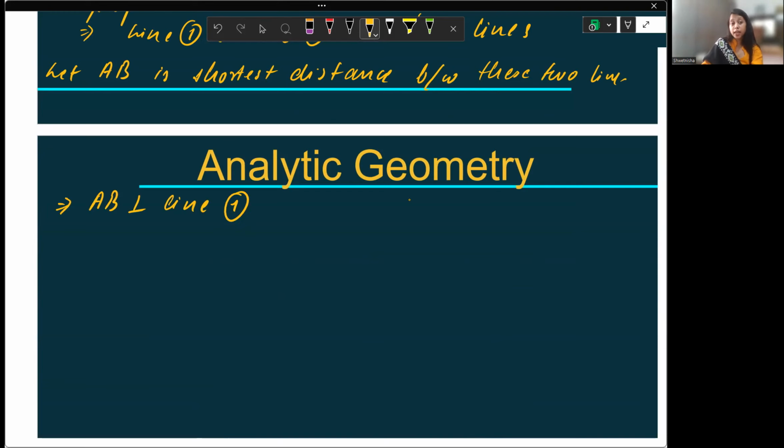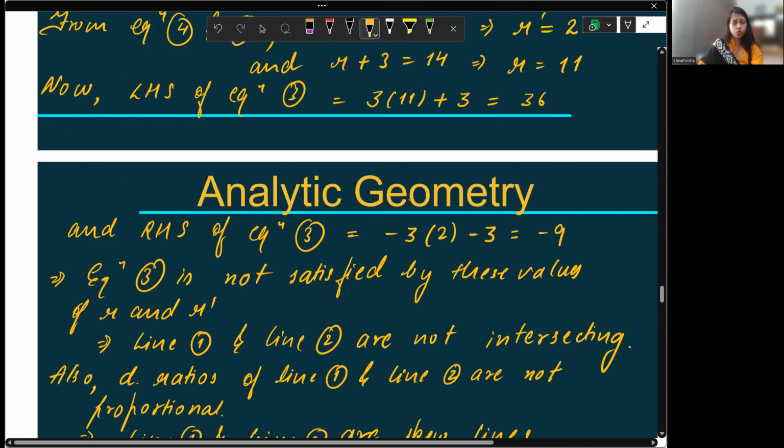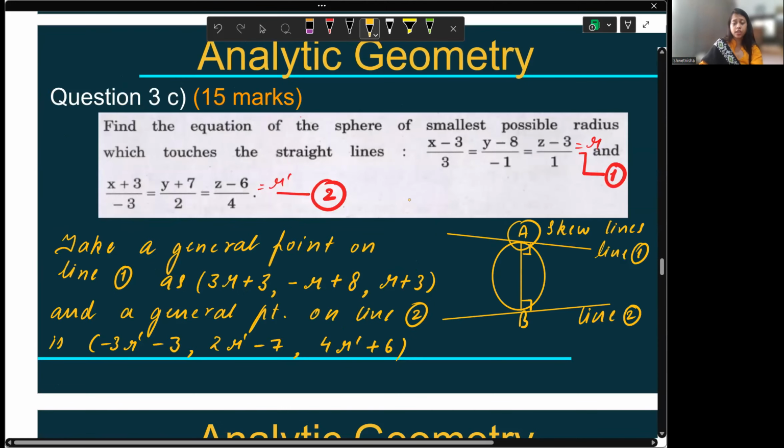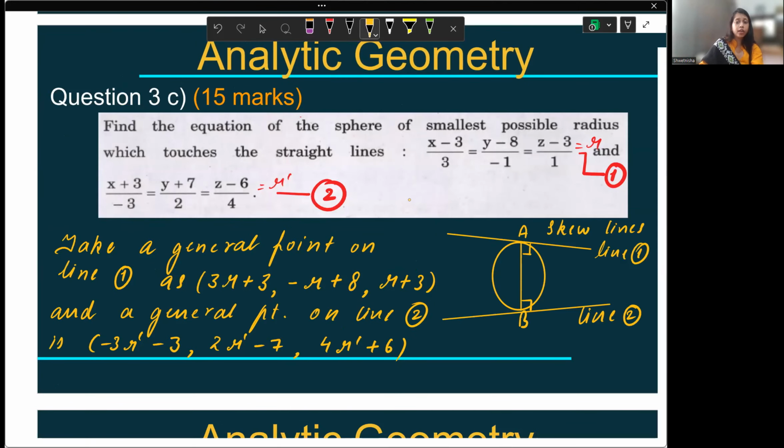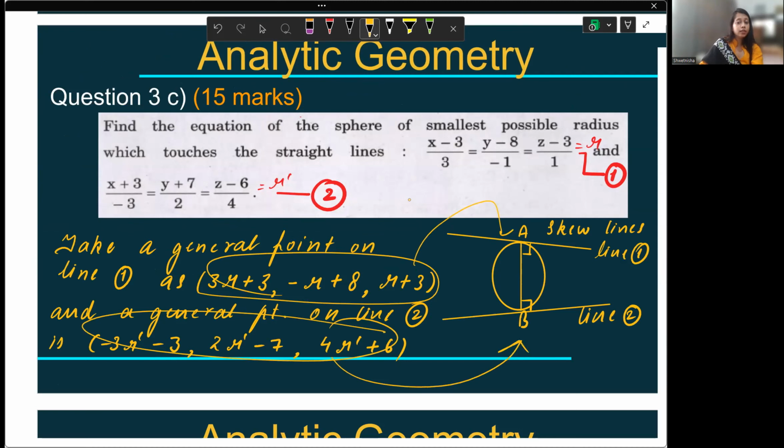Okay. What are the direction ratios of line AB? I can assume that A is a general point on line 1, and I can assume this to be B, right?